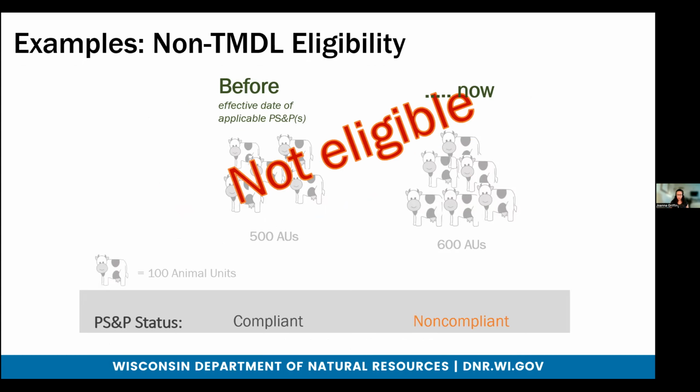In order to be eligible for a non-TMDL TRM grant, the facility must be not now and never previously been in compliance since the effective date of the applicable performance standard. If a livestock facility falls out of compliance due to expansion, it is not eligible for a non-TMDL TRM grant.